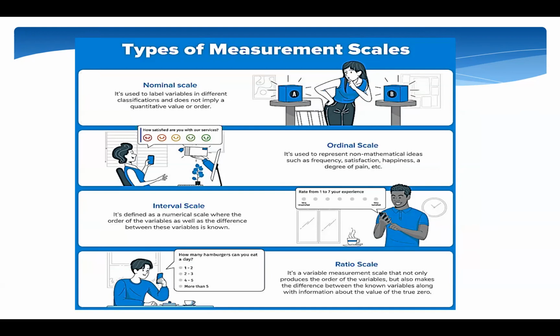It's used to label variables in different classifications and does not imply a quantitative value or order. The definition is very fancy, so I like the example given in our textbook. For example, if a population is divided into male and female, there are two labels given.